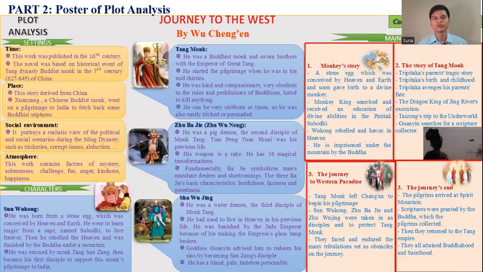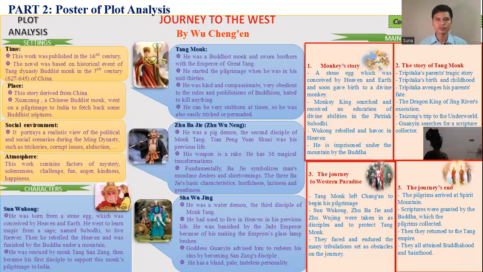Now we move on to the last main part of this poster. That is main stages. And as we can see in this work, we can divide it into 4 periods.